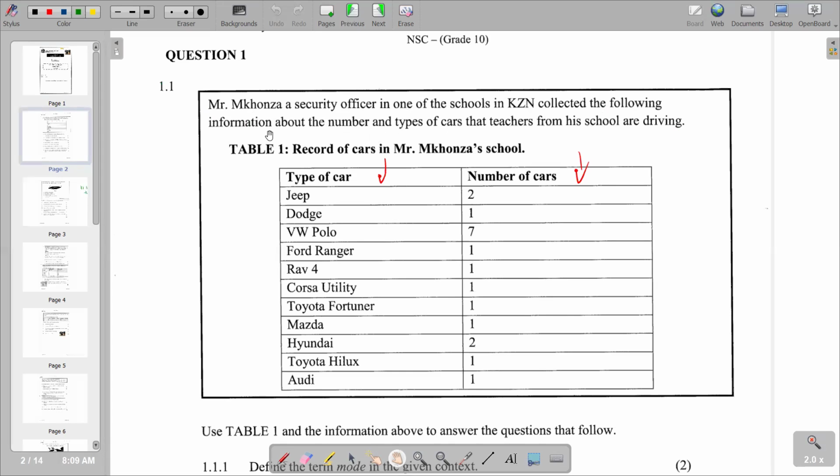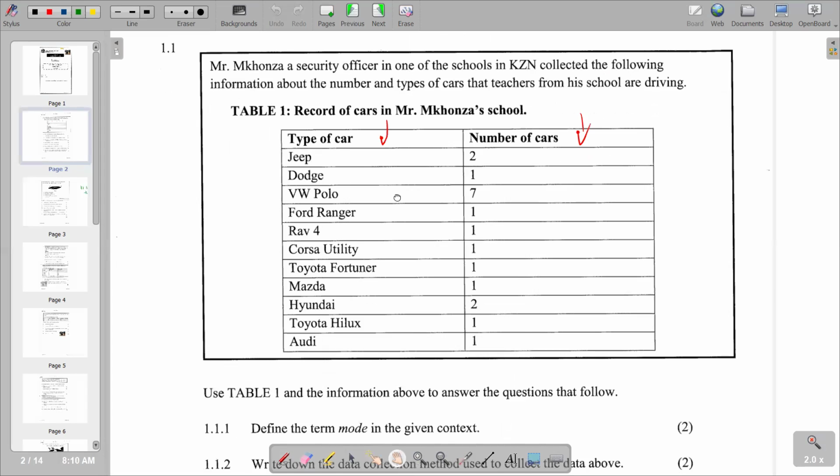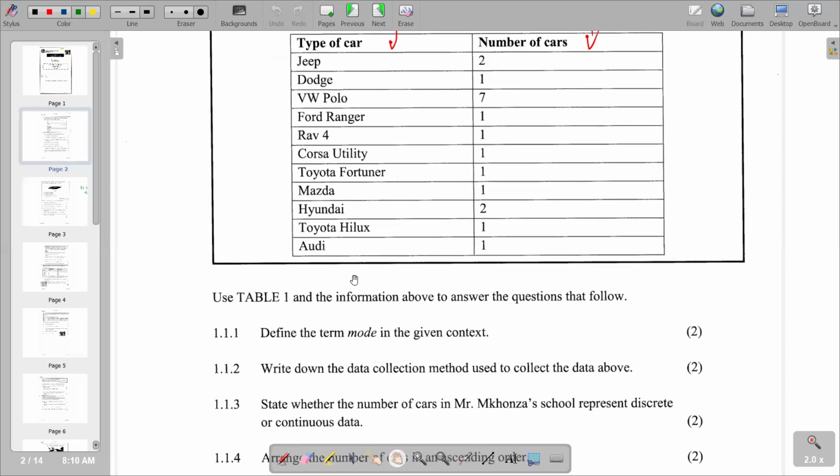So obviously, an observation was made to identify the number and types of cars that teachers from that school are driving. So basically, we're saying observation is the data collection method that was used.